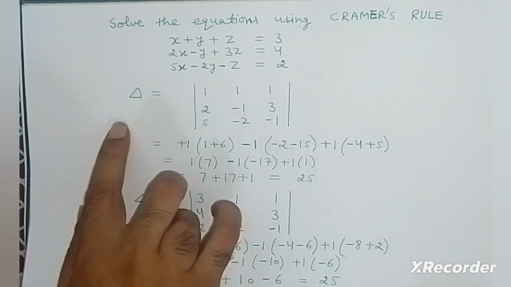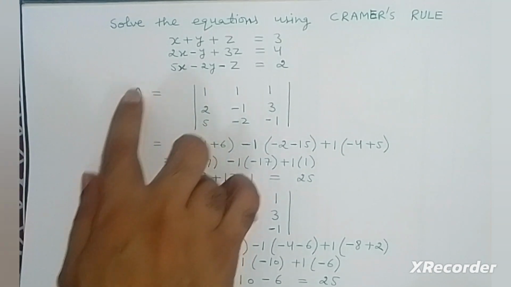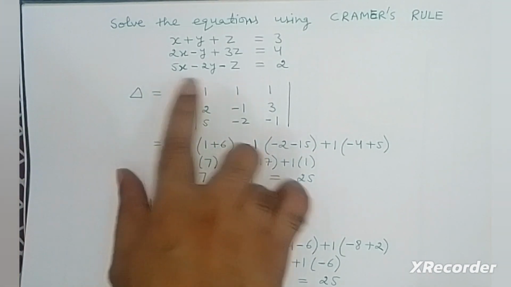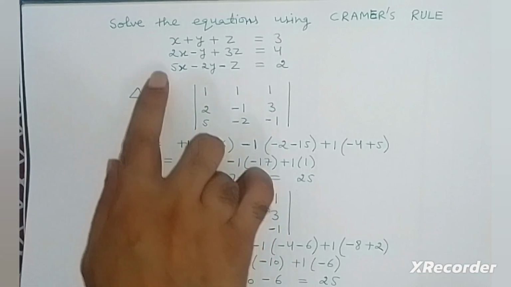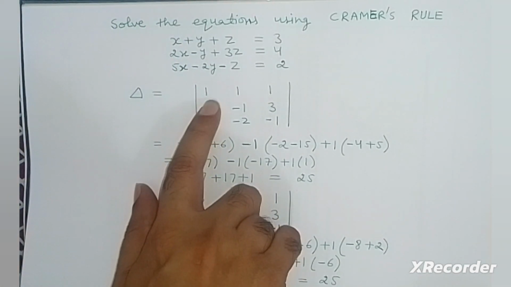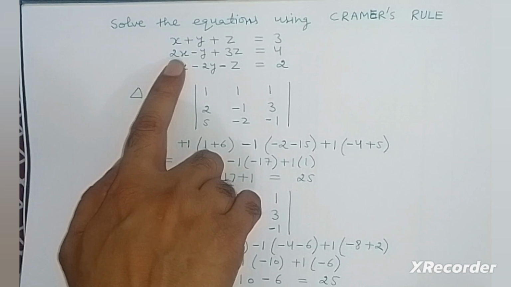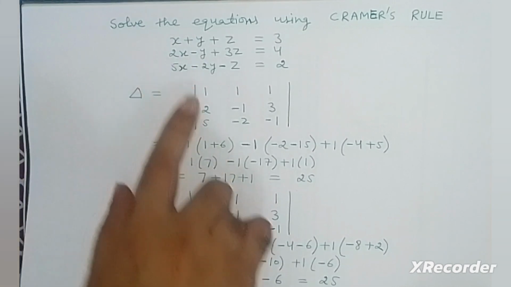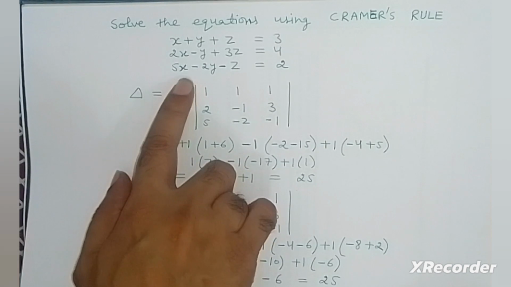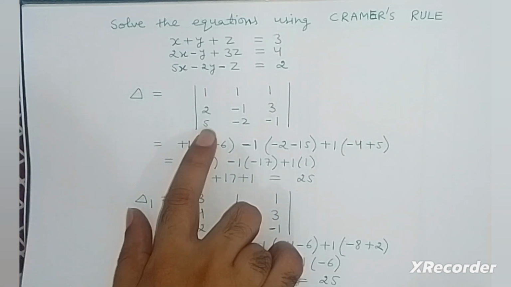So, first of all, we find the determinant, that is delta, from these equations. So here the coefficient of x is 1, so 1 here. Coefficient of x is 2, hence 2 here. Coefficient of x in third linear equation is 5.